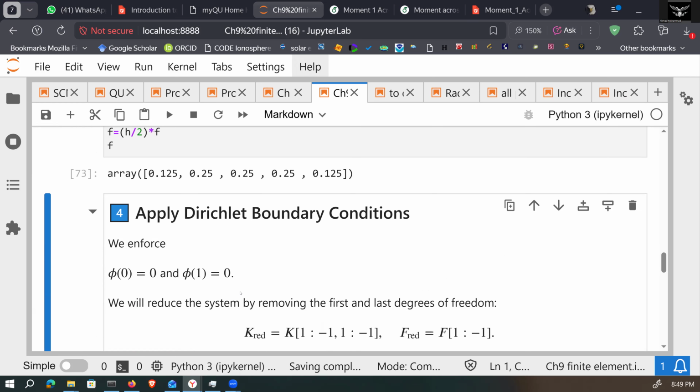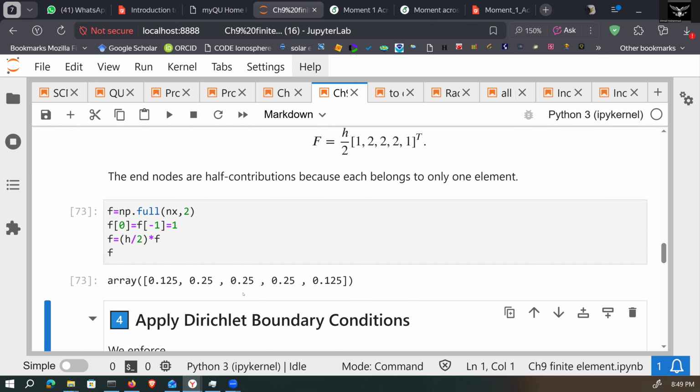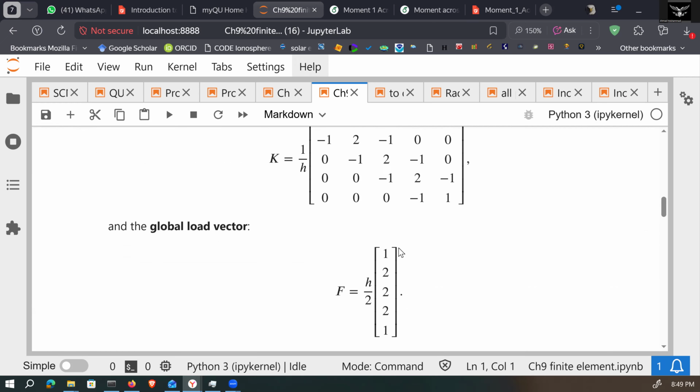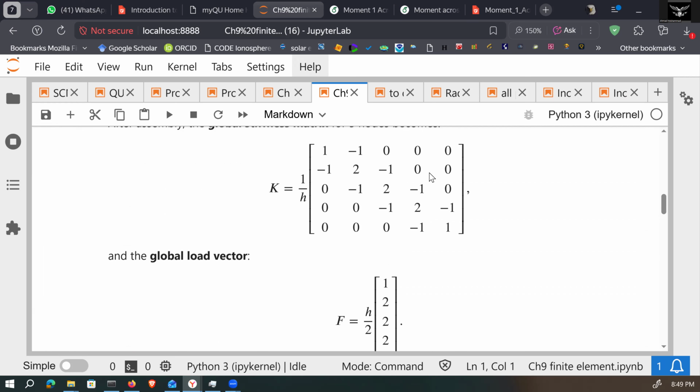The same applies for K. You cannot multiply K by a vector that has 0 here and 0 here, because we're solving Ax equals b, and x is the vector for psi.